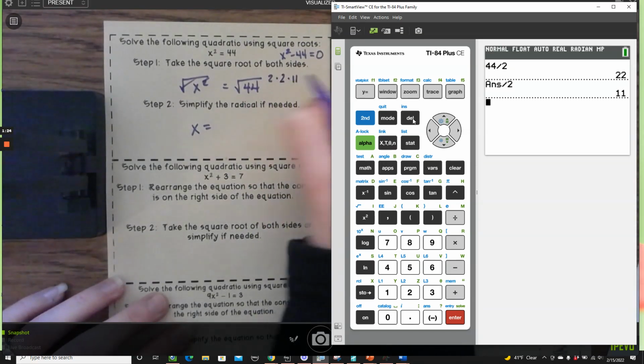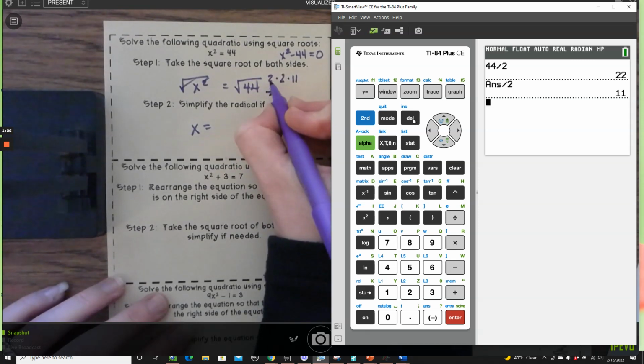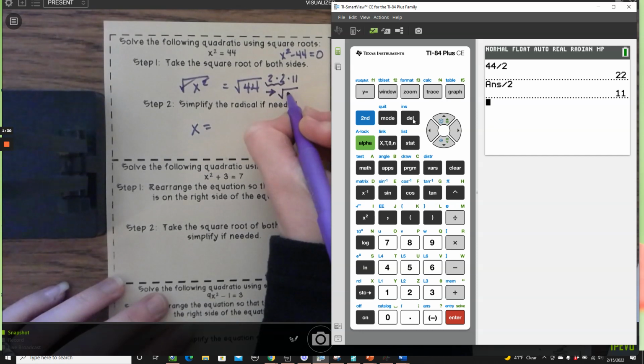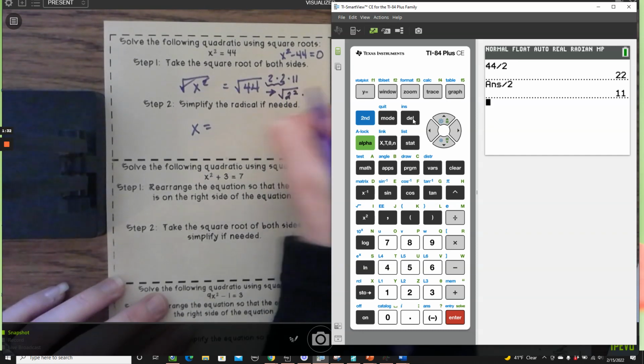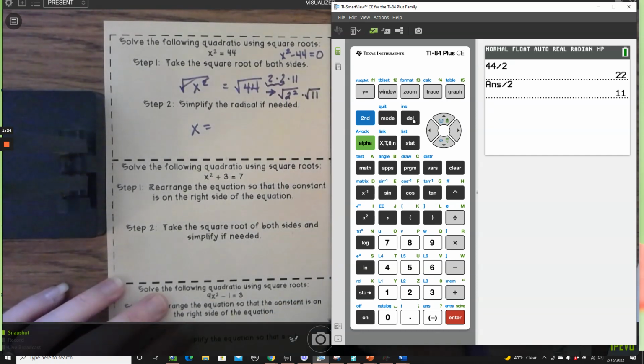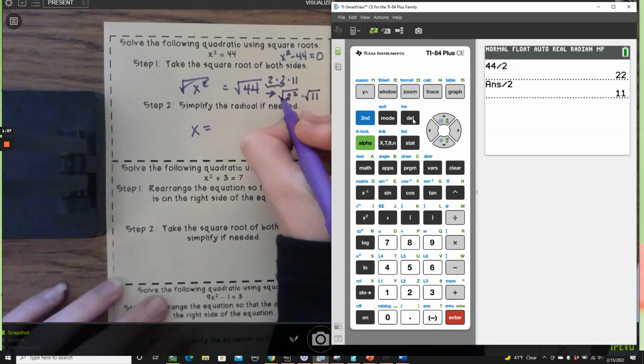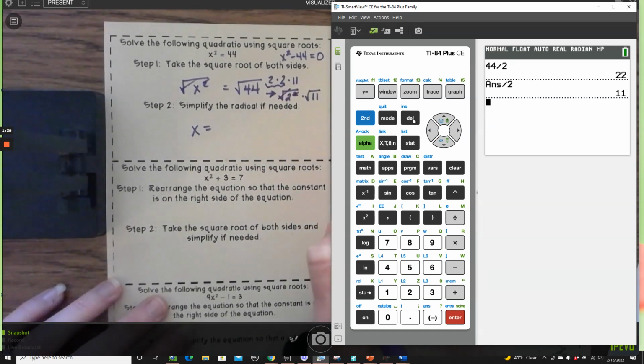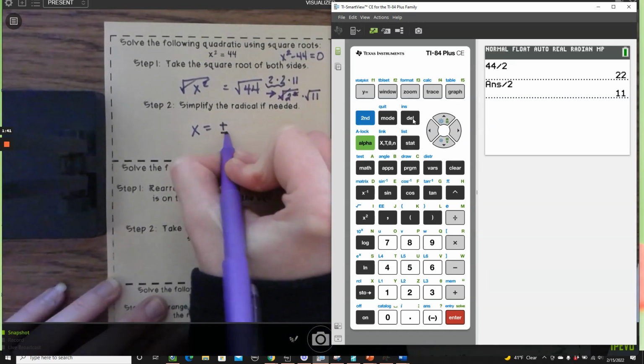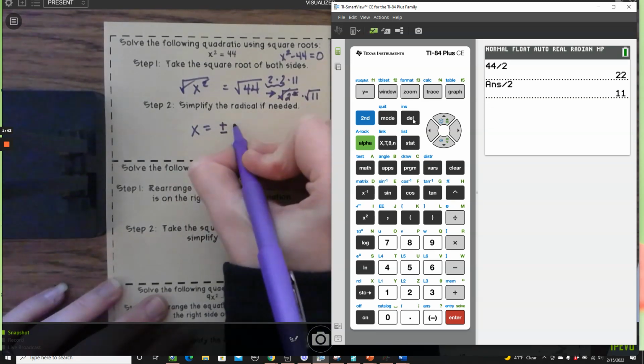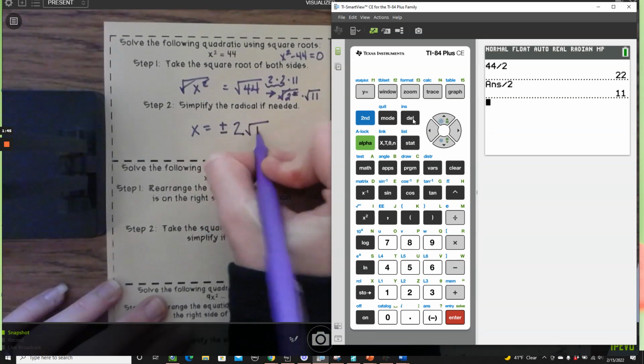So the square root of 44 is the same as, remember we can group things in groups of 2, the square root of 2 squared times the square root of 11. So again, the square root cancels that exponent, and I'm left with positive negative 2 times the square root of 11.